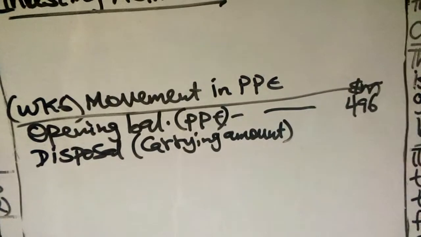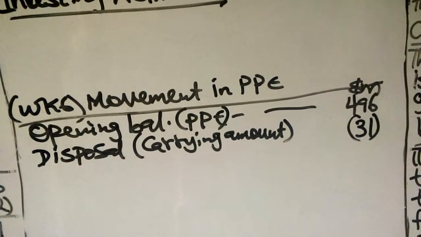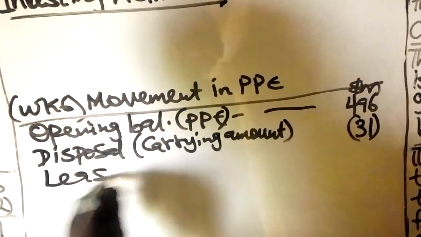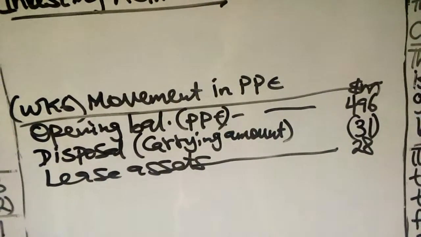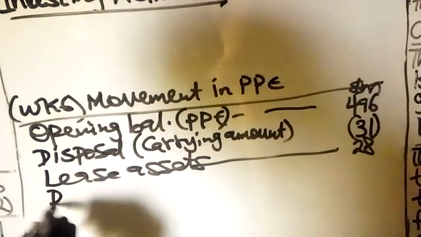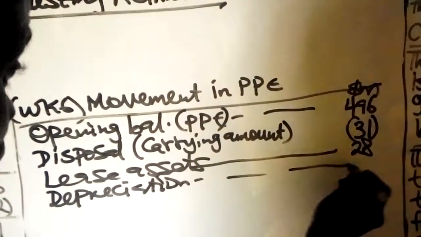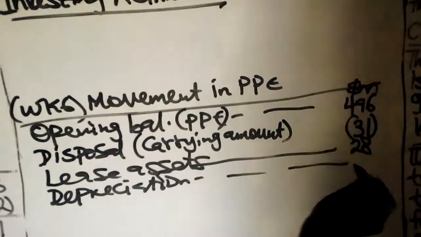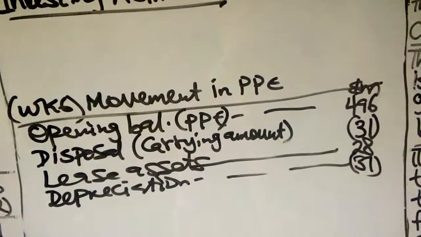So we have 31 million. The carrying amount is given. Lease asset. Another one was acquired through lease, and that is 28 million. Then we have depreciation charge for the year. Depreciation will lead to reduction in PPE. Depreciation of 37 million. Since it will lead to reduction, we are subtracting it.